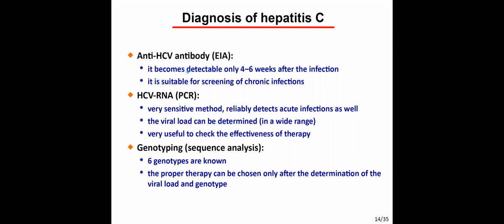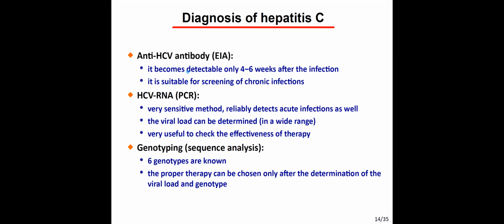Now, the problem with hepatitis C, and why we could not develop any kind of vaccination, is that it varies in genotypes. Another problem is that they are changing the antigen structure.